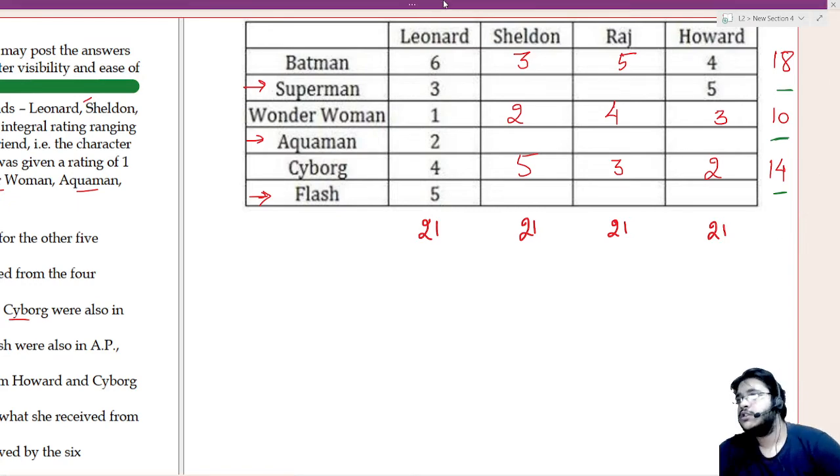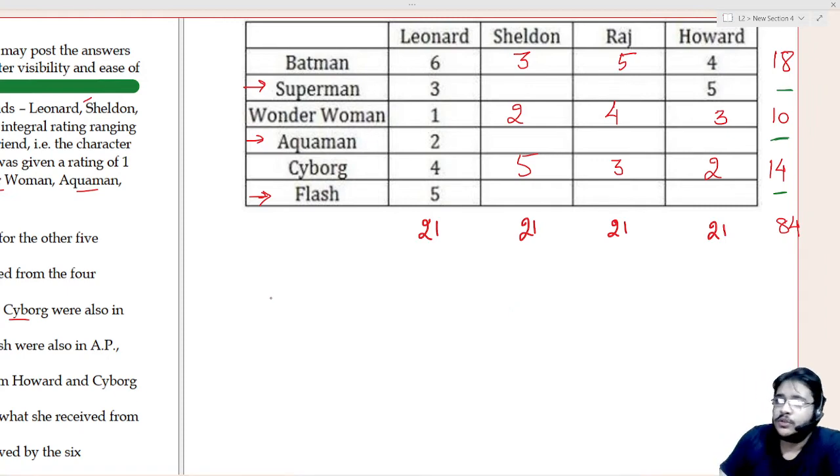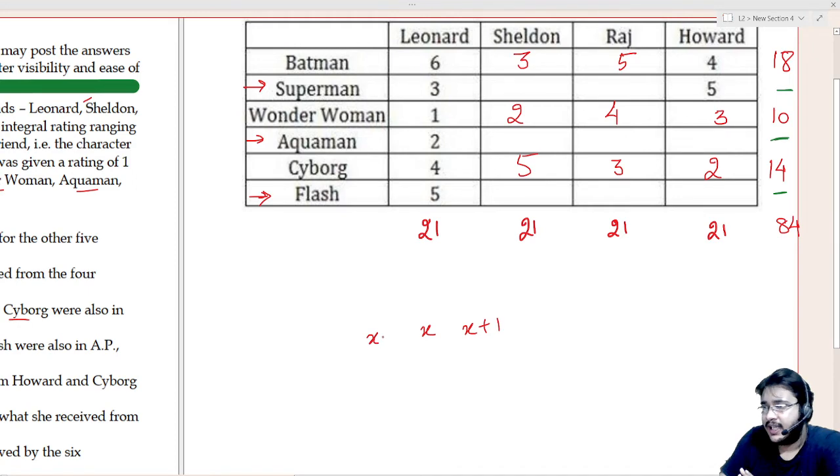Now because I know that the total number of points is 84 only, out of which 42 has already been taken care of, the total summation of these three players, Superman, Aquaman and Flash, I can assume to be x, x plus 1 and x minus 1.